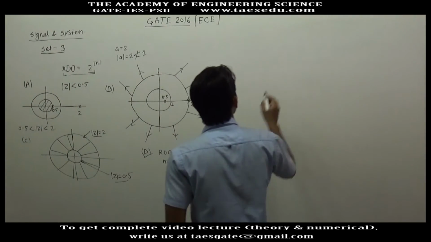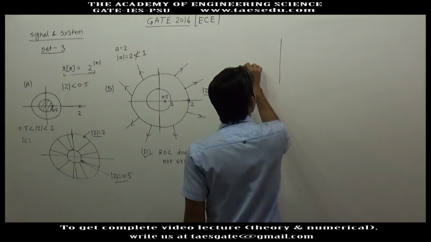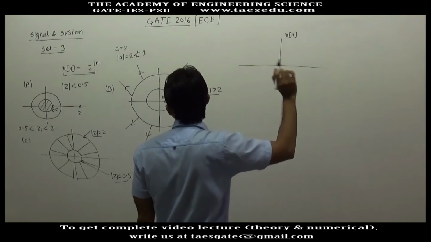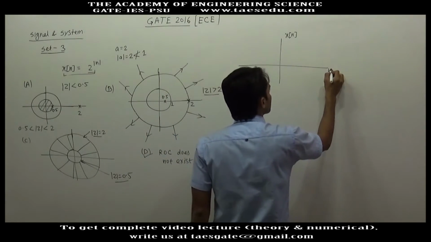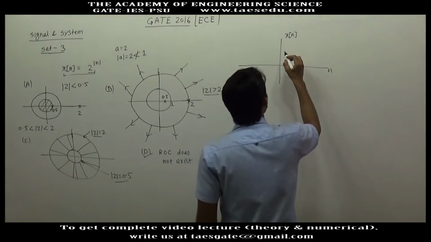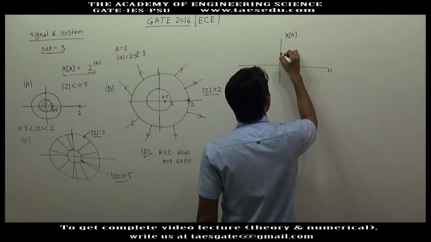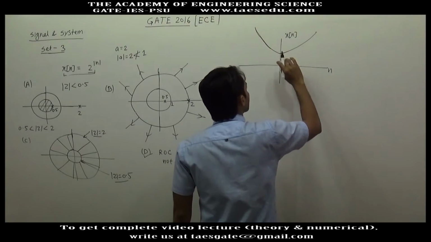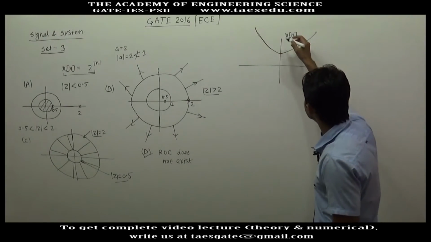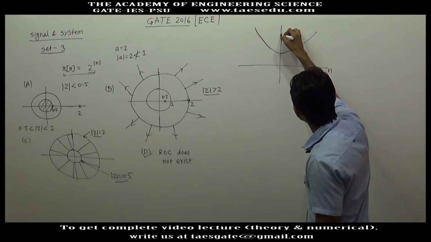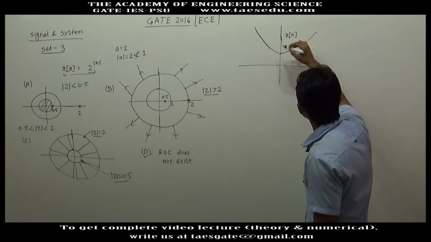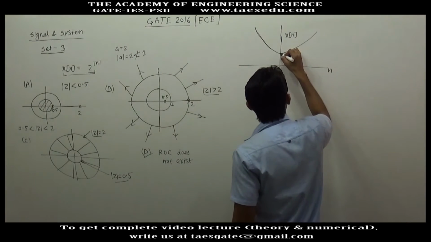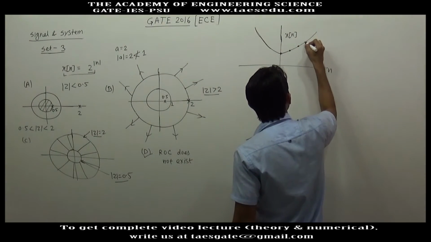If you plot the graph of xn versus n, where xn is 2 to the power mod n, as I have discussed in the lecture, the graph will look like this. This is not a continuous signal, so I should not draw a continuous graph, but I am just plotting the boundaries of those values.